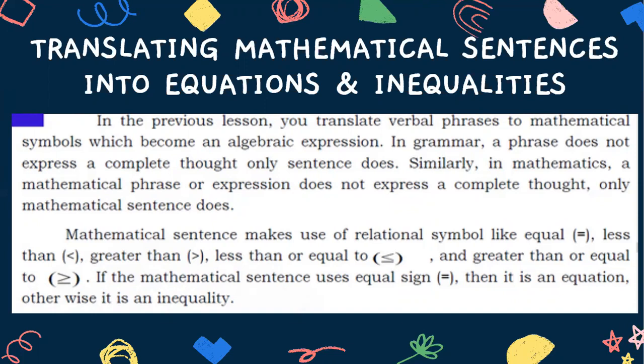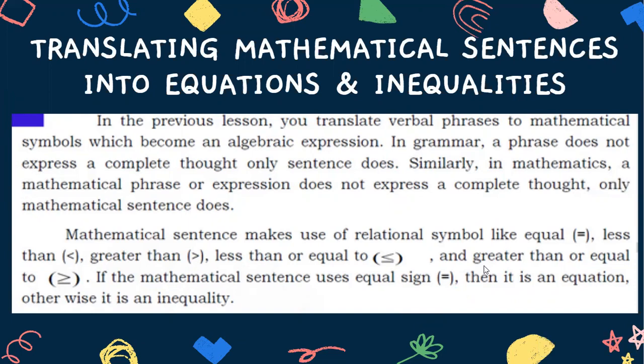Mathematical sentences make use of a relational symbol like equal, less than, greater than, less than or equal to, or greater than or equal to. If a mathematical sentence uses an equal sign, then it is an equation. So sabi po dito, when we use an equal sign, that means that is an equation.